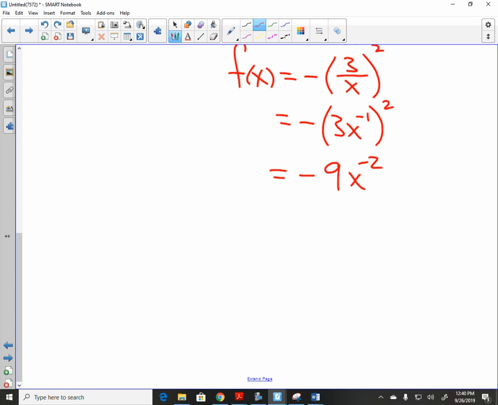So a lot of people ask, they say, well, Mr. Gens, am I done? Have you taken a derivative yet? You've only rewritten it. So now I write f prime. I'm going to take the derivative, which is 18x to the -3, or 18 over x cubed. That's the derivative.